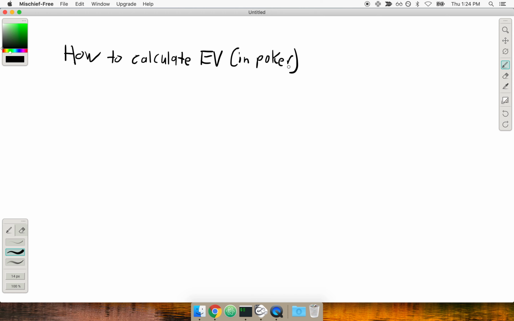But obviously, here we're talking about poker, so I'm going to use a couple examples with poker. But I think it's important to understand that the general idea behind calculating expected value isn't something that's specific to poker. So let's start with an example of trying to calculate the expected value of 3-bet bluffing.